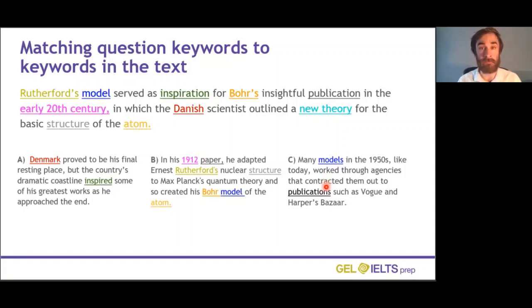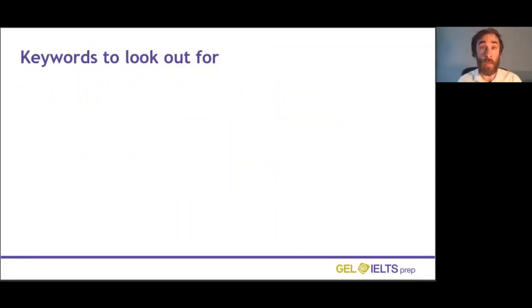So let's think about what kind of keywords we should be looking out for. One of the main ones is, of course, places. Look for countries, look for towns, cities, locations in general. Organizations, so this could be companies or charities or groups which are trying to achieve something. There will often be multiple examples of these in one text.